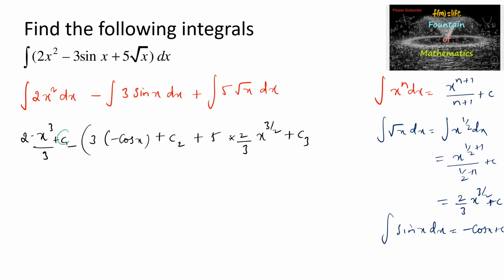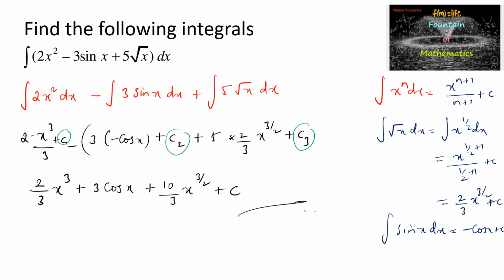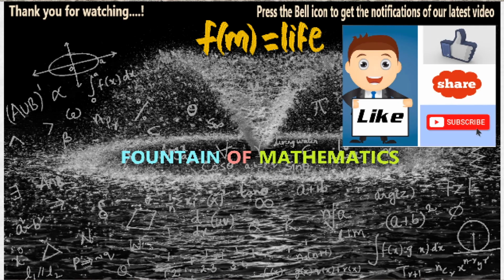So let us consider c1, c2 and c3 together to be a single constant c. So we can write 2 upon 3 x cubed, plus 3 cos x, and here 10 by 3 x to the power 3 by 2 plus a constant is the answer.